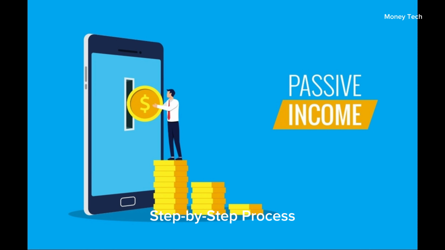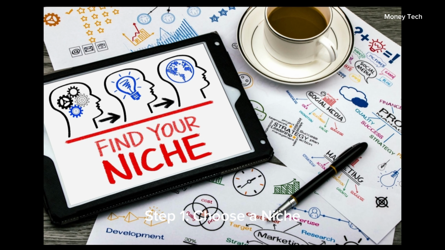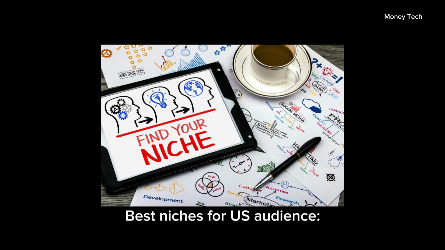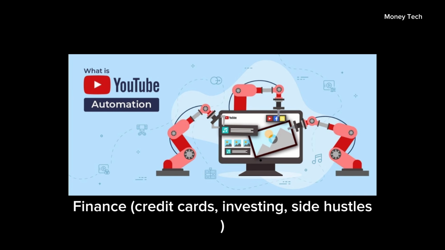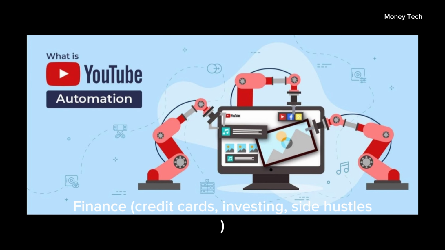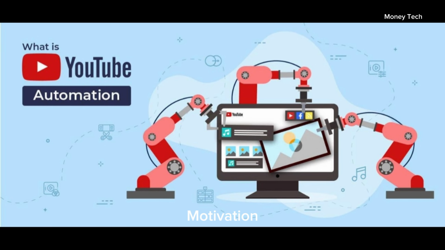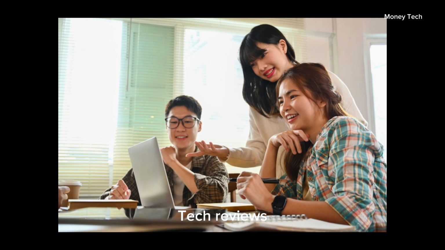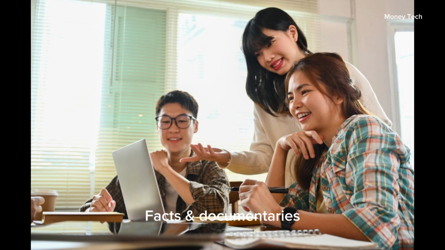Step-by-step process. Step 1. Choose a niche. This is very important. Best niches for US audience: finance, credit cards, investing, side hustles. Motivation: luxury lifestyle, tech reviews, facts and documentaries.